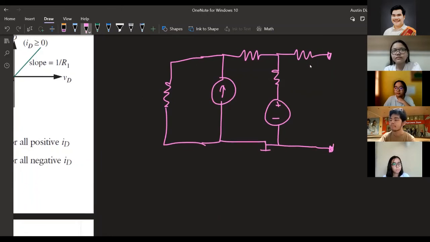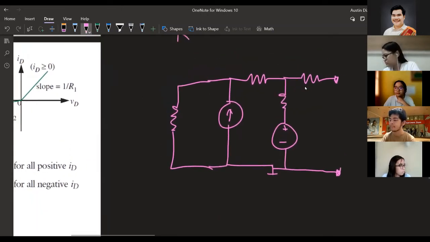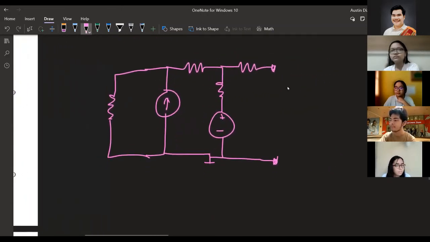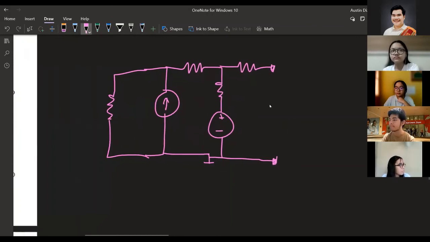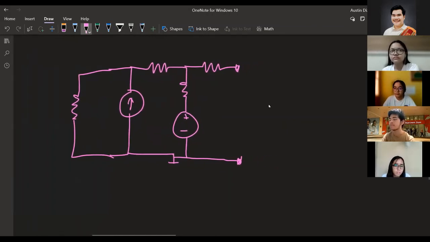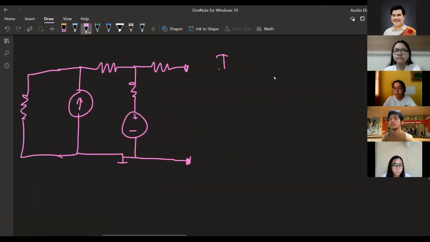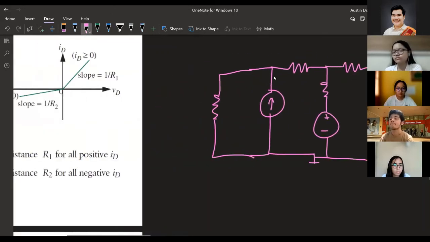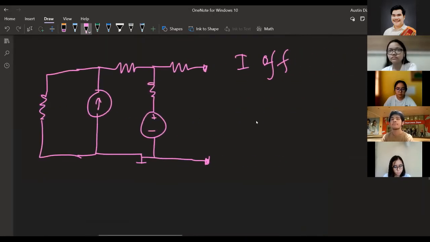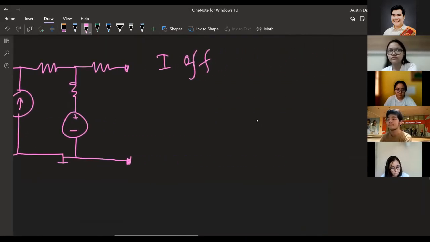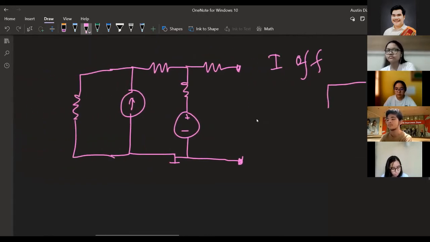Okay. Ngayon, titingnan ko lang yung Thevenin voltage. Okay, so VT, pwede kong mag-superposition ulit. Papatayin ko lang yung tig-isang source. Kapag yung I, current ko, off ko, ang resulting na circuit would be something like this.